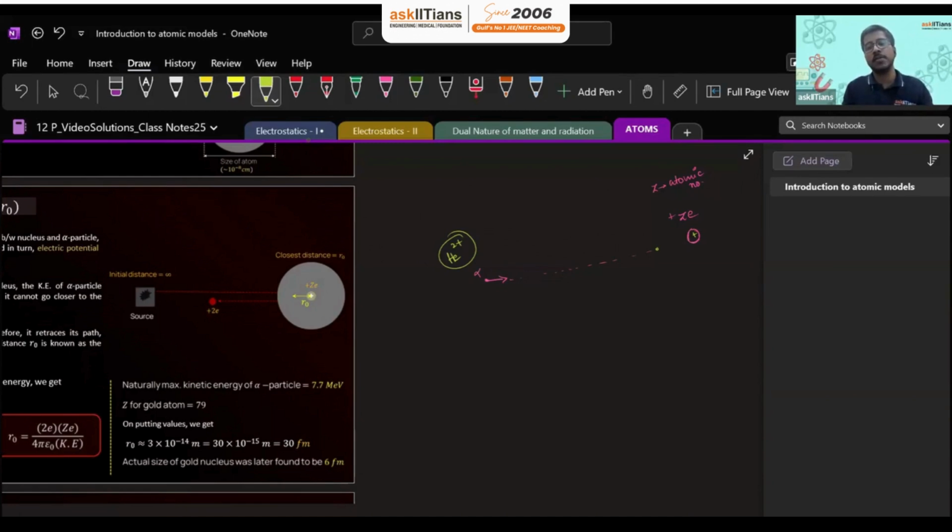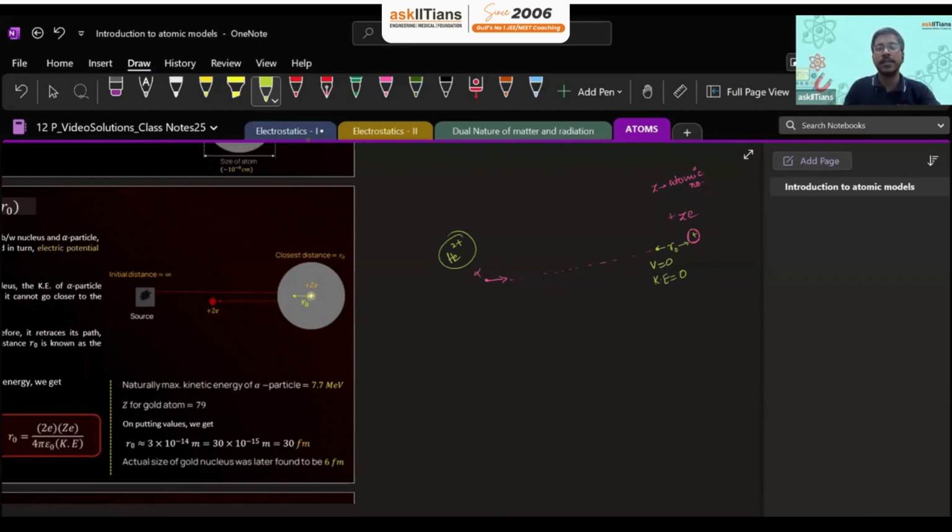Because of the Coulombic repulsion between the alpha particle and the nucleus, this alpha particle gradually slows down as it approaches the nucleus because of this repulsion in the opposite direction by the nucleus. So there will be a point when the velocity finally becomes zero. This is the point where the velocity is zero, or the kinetic energy of the alpha particle is zero. The distance of this point from the nucleus is what we call the distance of closest approach, which we denote by R naught. Fine.